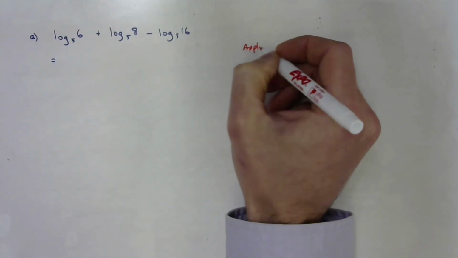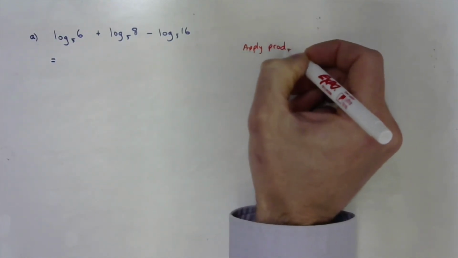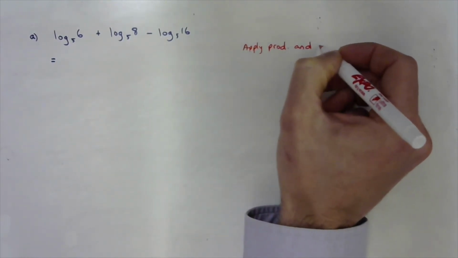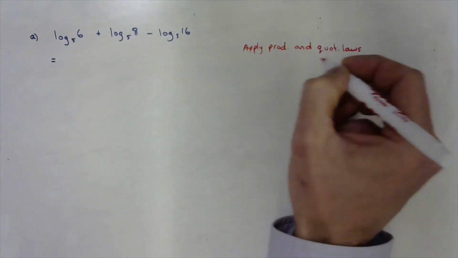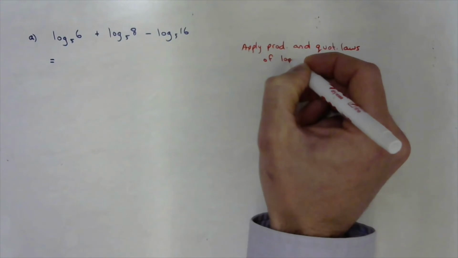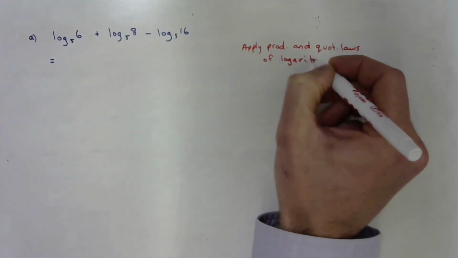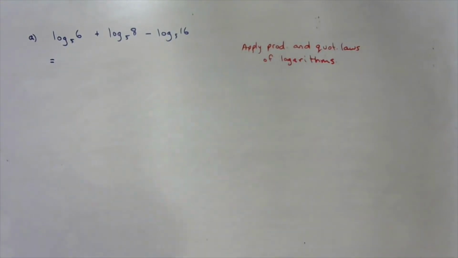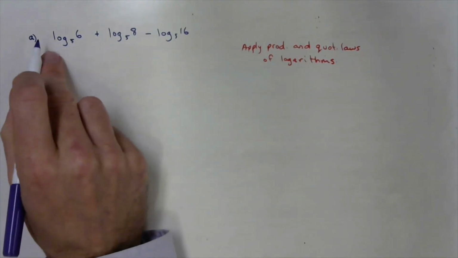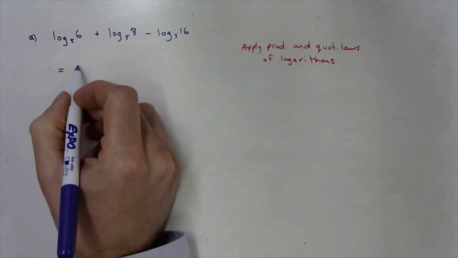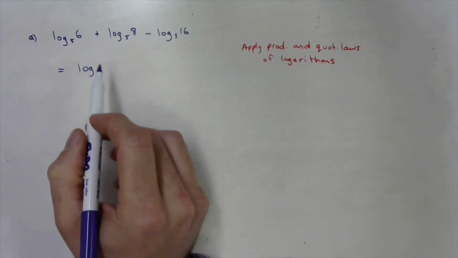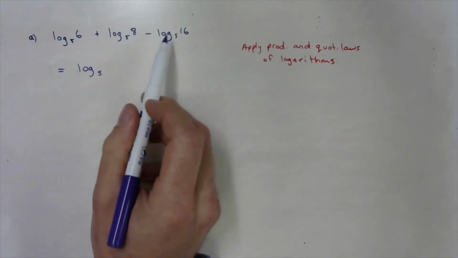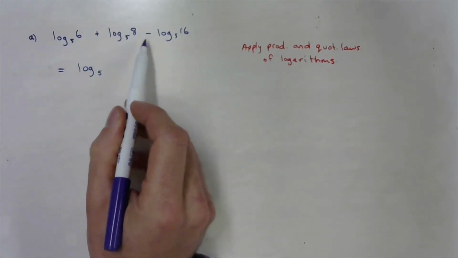Apply product and quotient laws of logarithms. And they're both in here. So all we really need to remember is that we're writing the word log with the same base. And then I can combine the 6, the 8, and the 16 according to the operator that they have.